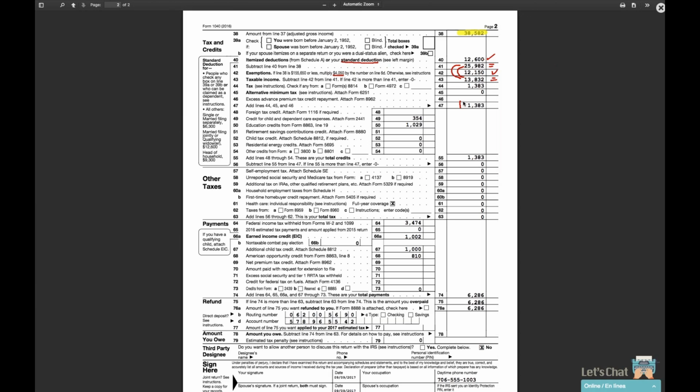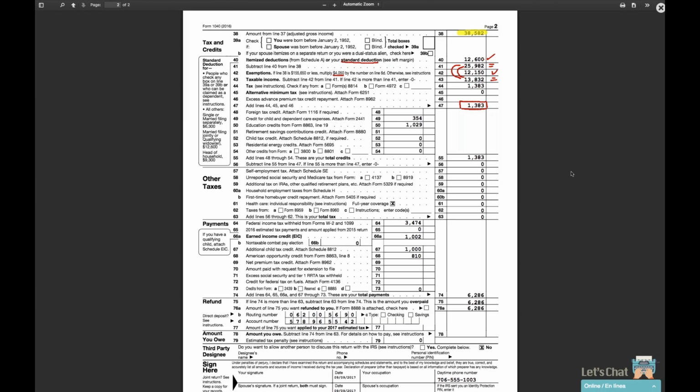From that, the IRS says, all right, we have calculated that you have new taxes. Here are your taxes: $1,383. Those are the taxes that were calculated for the return, right?